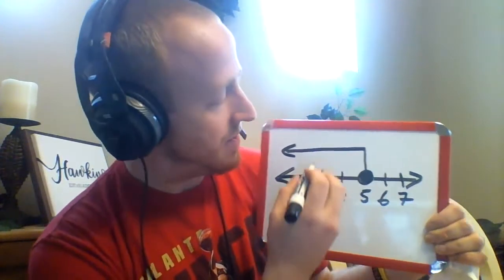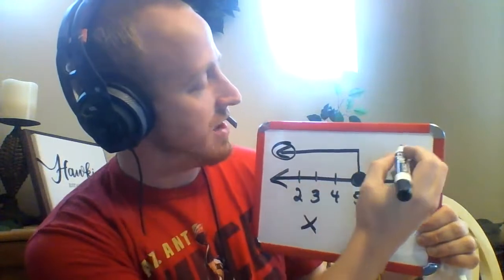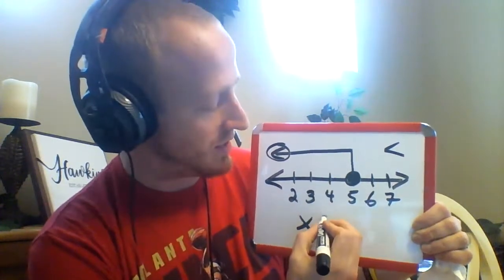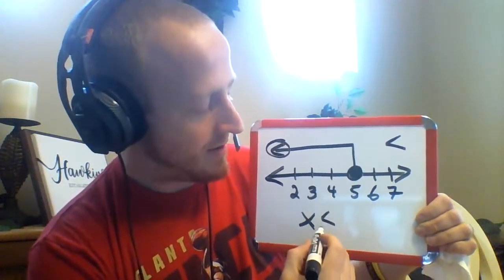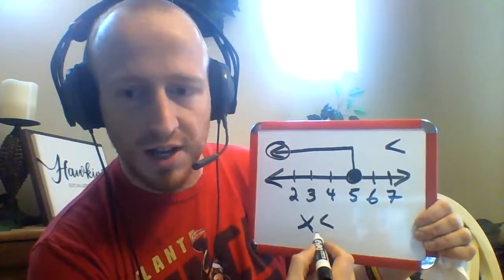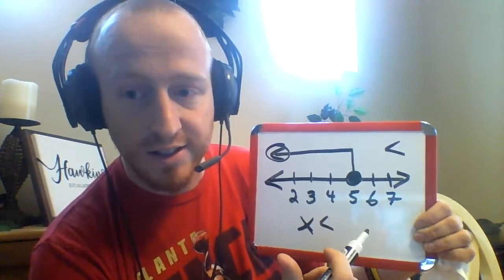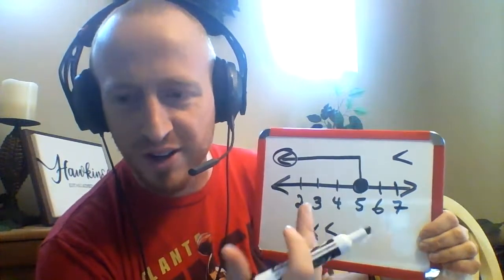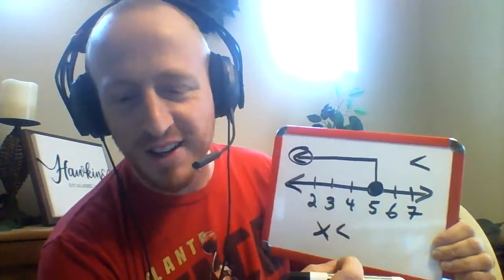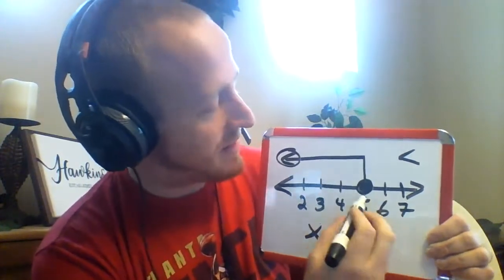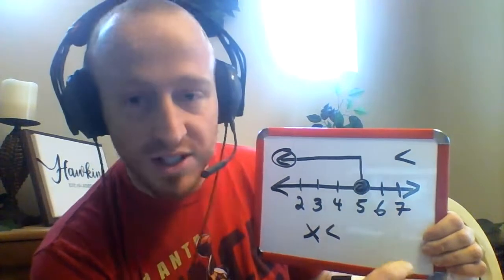Well, let's look. The arrow is that way, so our inequality is going to be this way. Now, are we going to have the equal to sign? Yes. There's no way to type or equal to, so that's tough. But it is going to be equal to because the dot is filled in.